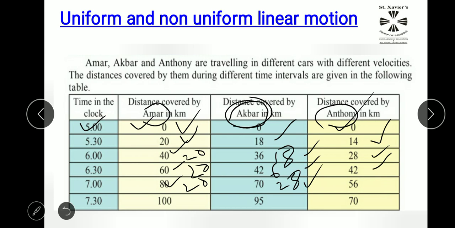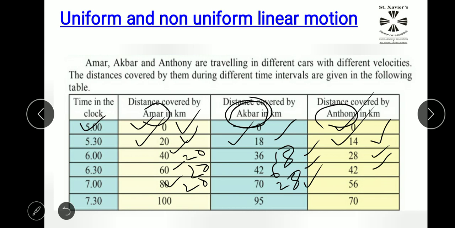the speed. That means he is using the accelerator and brake, and that is the reason we can say the motion of Amar and the motion of Anthony are uniform motion, whereas the motion of Akbar is not a uniform motion, students.